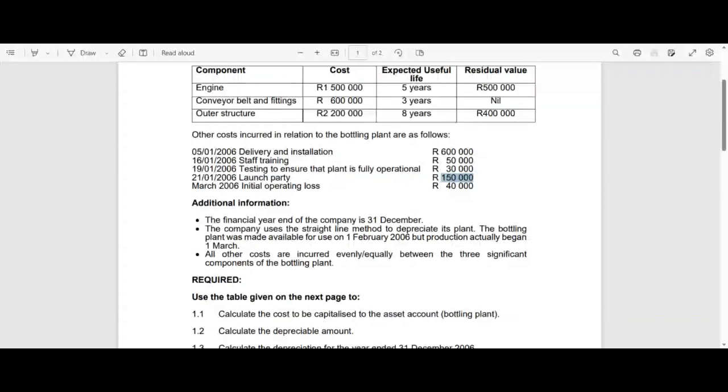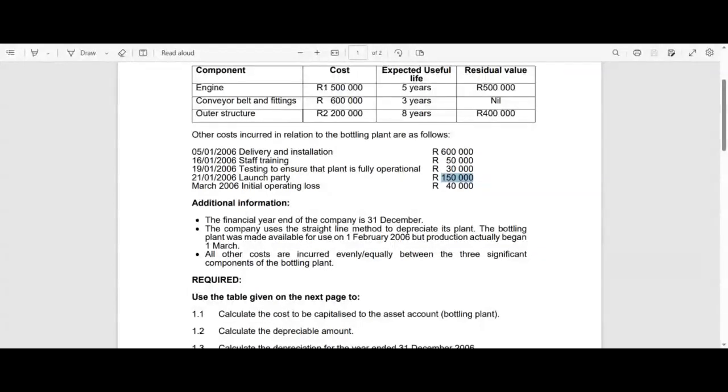Okay, and you know from financial accounting one that the value added tax, I know they said ignore that in this question, but when it comes to staff refreshments and launch parties and any kind of entertainment, the company is not allowed to claim input tax on entertainment or party or staff refreshments and so on. Just a matter of interest.